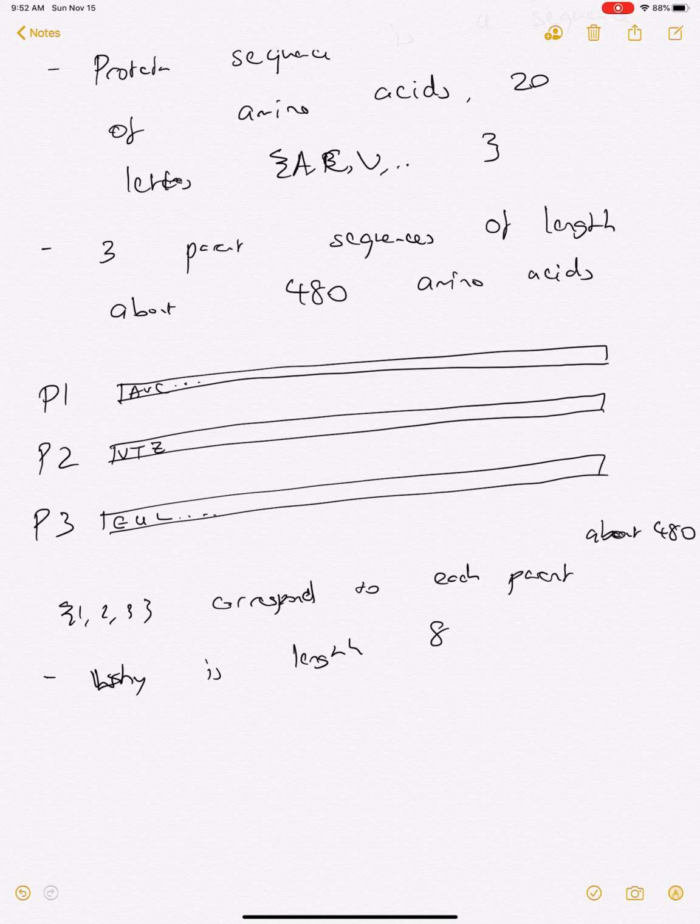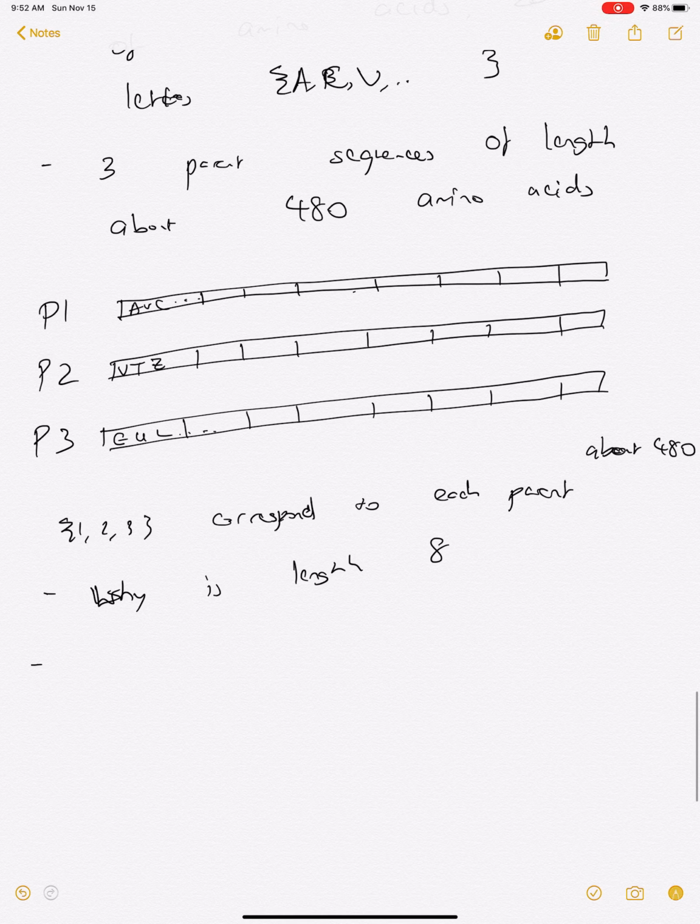Okay, and this comes exactly from how the experiment was conducted to actually generate these different sequences. So what's going on is that you're actually cutting the sequence.